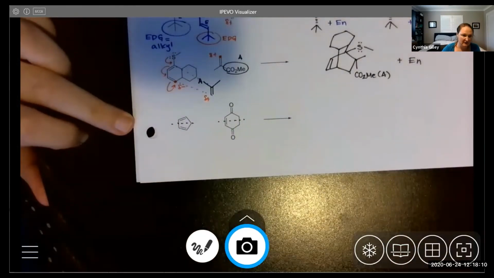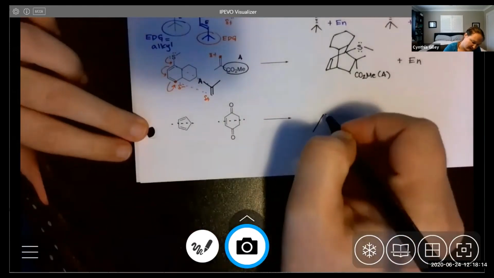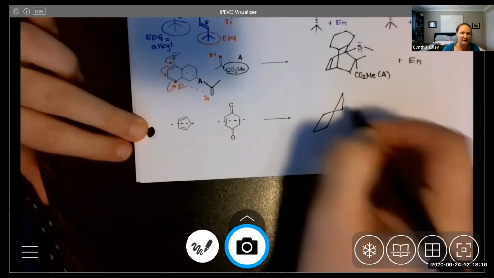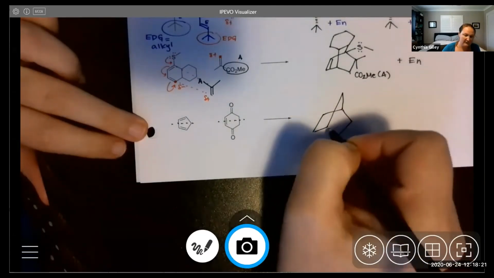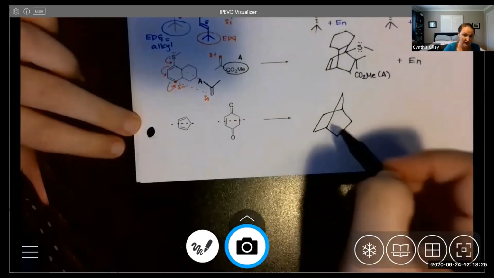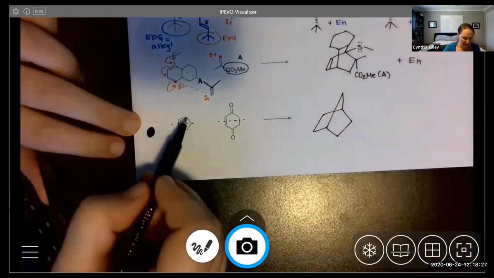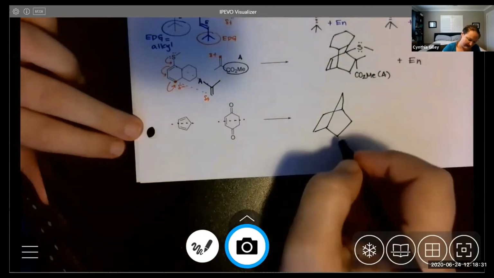We just need to sketch out the product. Since the diene is in a ring, we need to draw a bicyclic product. And this is also part of a ring. We end up with this 1-carbon bridge up here. And I've added this 6-numbered ring.